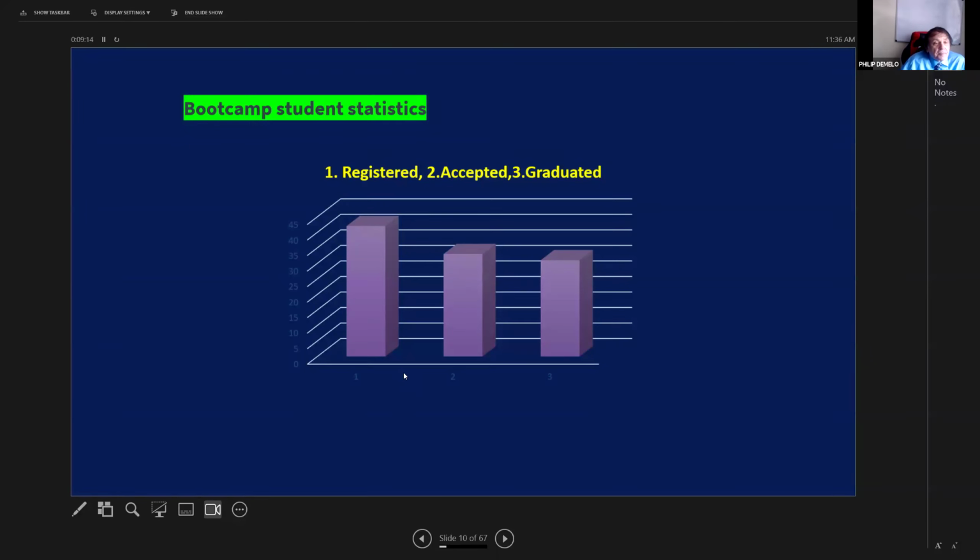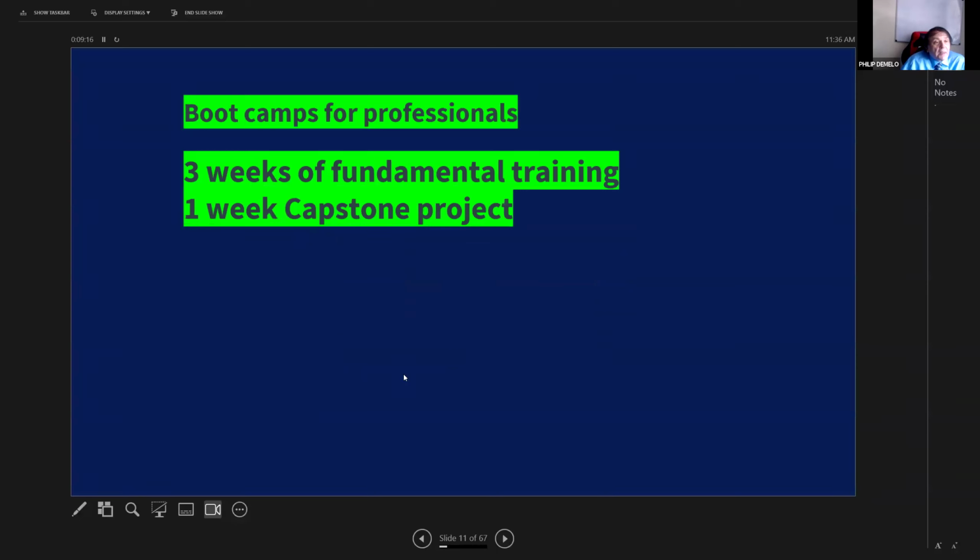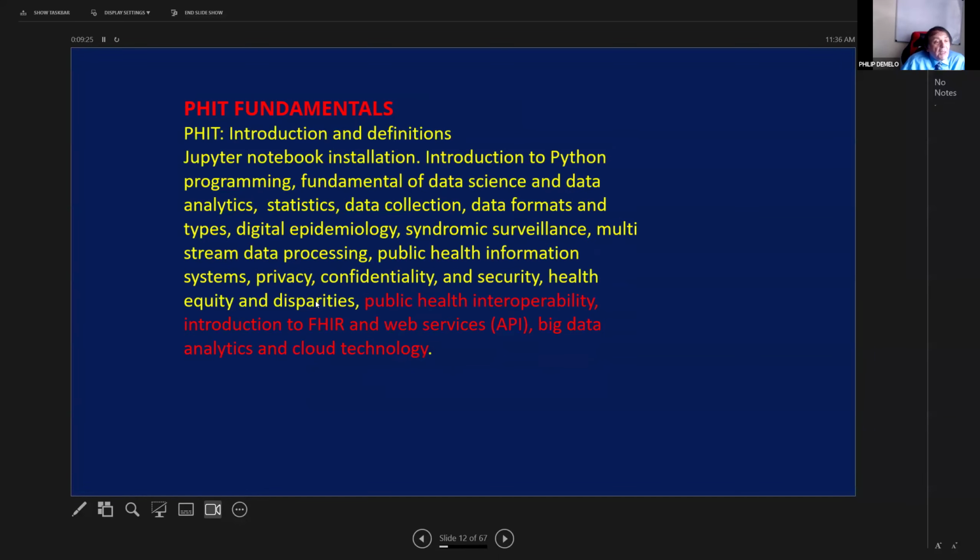Okay, now regarding the boot camps for professionals, it is also 3 weeks of fundamental training and 1 week capstone project. In the fundamentals, we gave them more profound information on statistics, on data sources in public health, digital epidemiology, public health information systems.